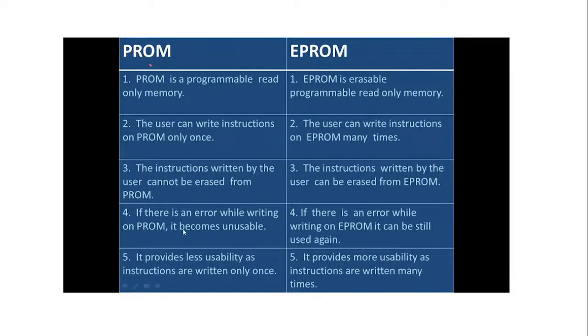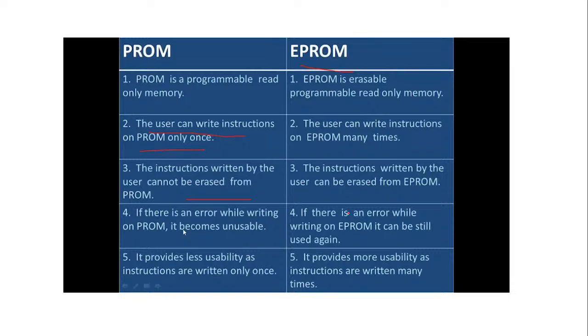In programmable, the user can write the instructions only once, but in erasable, you can write the instructions as many times as you want. Instructions once written cannot be erased in programmable, whereas in erasable, yes, they can be erased, because they are erasable memories.